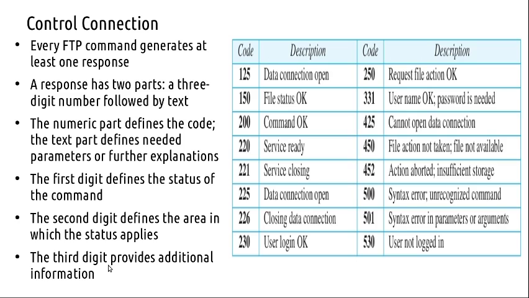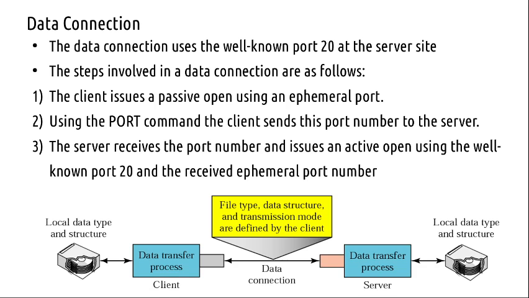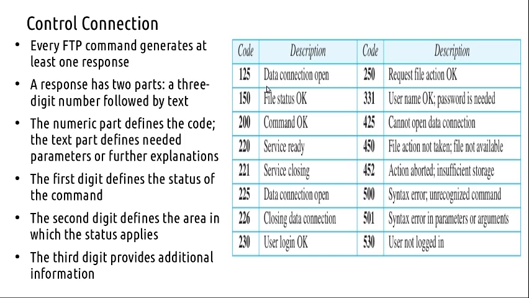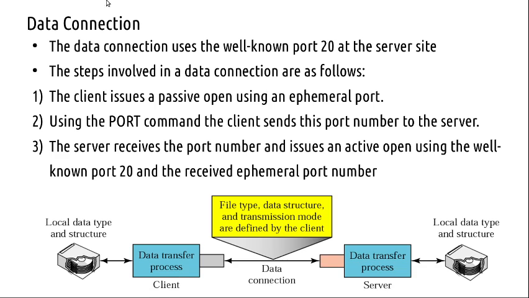So you get a response from the server side. Now the data connection uses port 20. You remember that port 21 is used for the control connection, and the data connection uses port 20. And these are the steps in the data transfer. First a control connection is established and you authenticate the user.